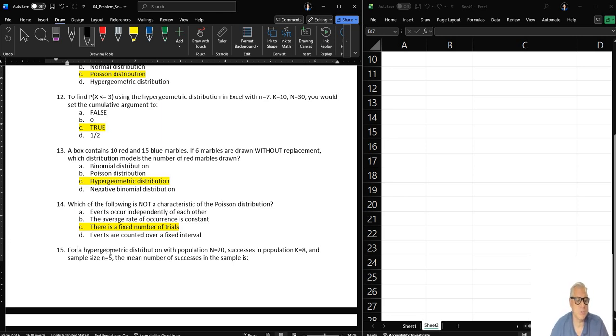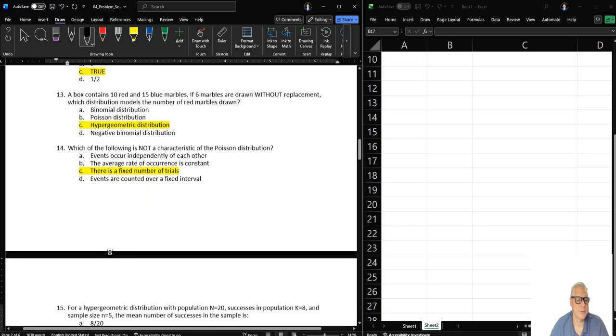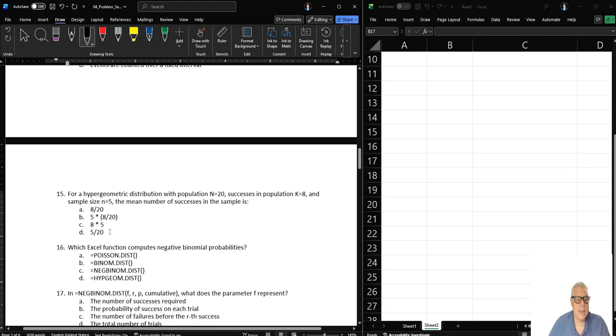Okay, so now let's move to 15. For a hypergeometric distribution with population N equals 20, successes in population 8, and a sample size n equals 5, the mean number of successes in the sample is. Okay, so there is a formula for it.